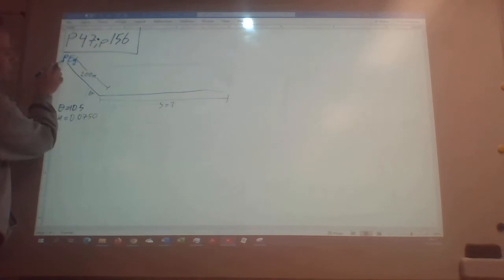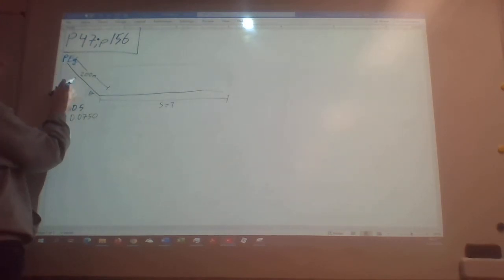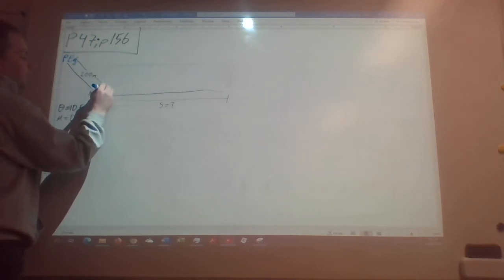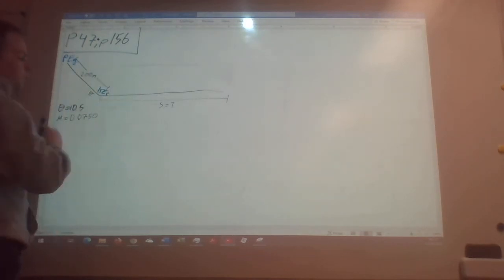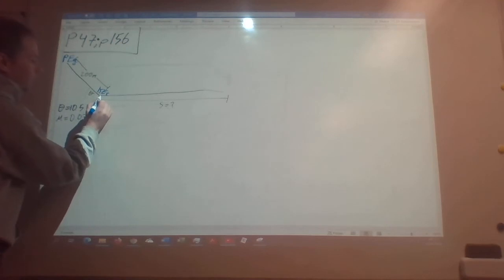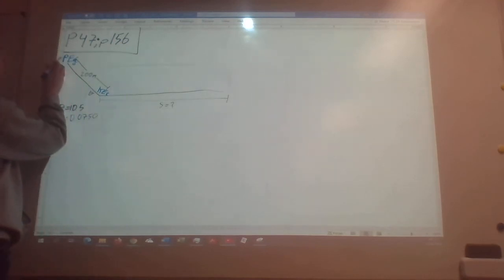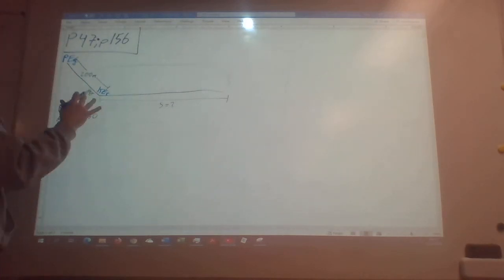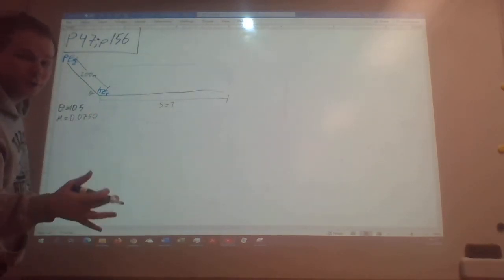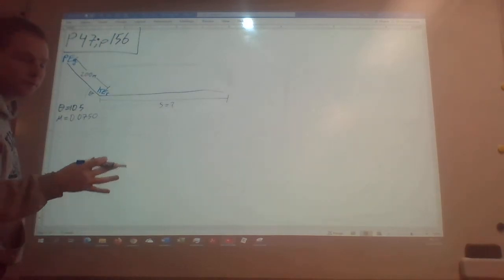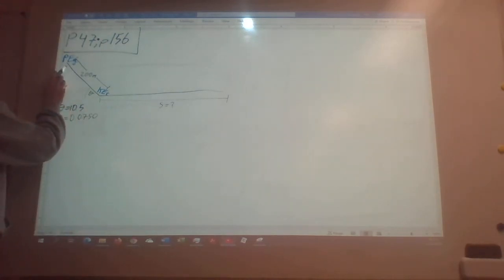As you ski down the hill, your gravitational potential energy gets transferred into translational kinetic energy. And at the bottom of the hill, 100% of your gravitational energy has now become translational kinetic energy. So we can say then, using the law of conservation of energy, which I know we haven't talked about yet, but we'll get there. We can say that these two have to be equal.